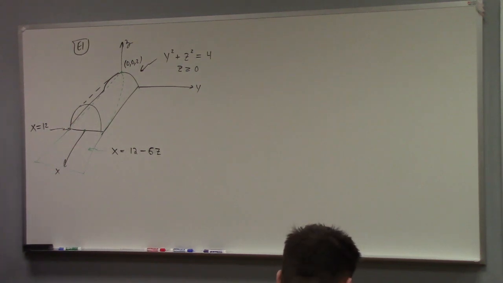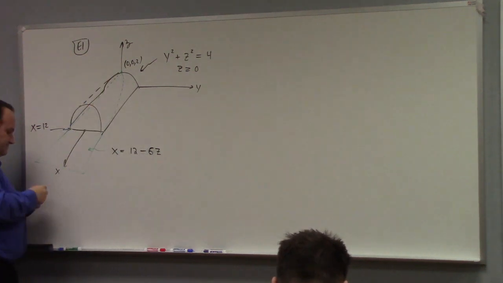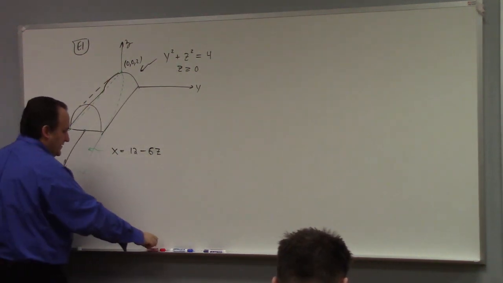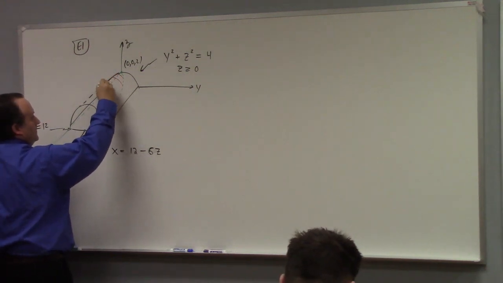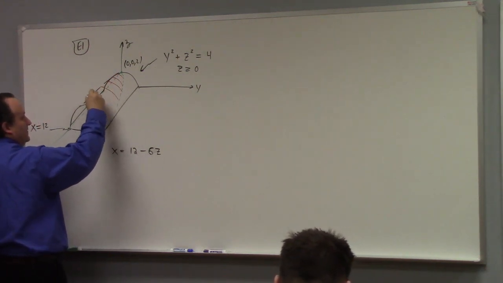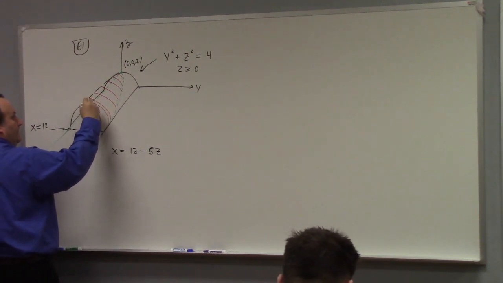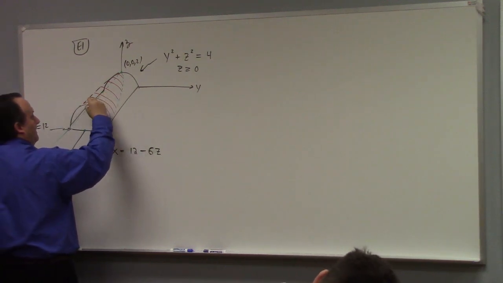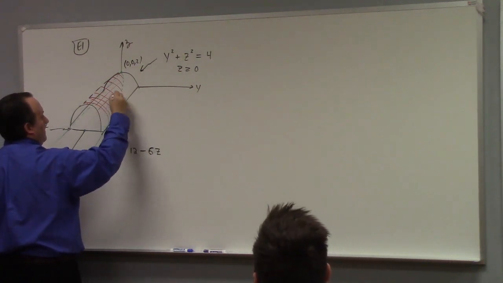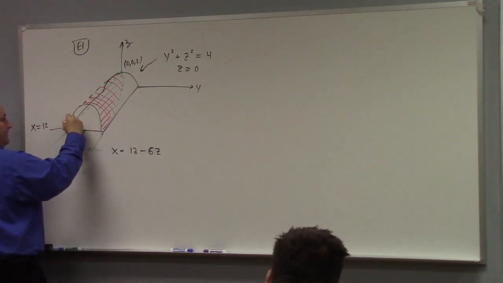So you can imagine this shape here, right? I will foolishly attempt to illustrate it. Here it is. It's something like that, and then solid in here as well, right?